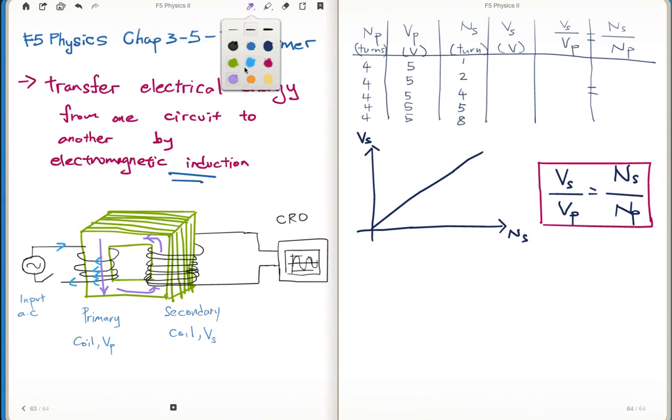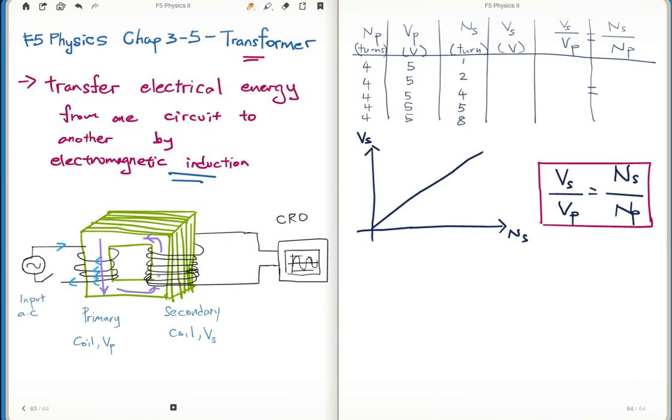Okay. Then what happened was the valence electrons in the copper wire in this coil will flow in a direction against this increasing magnetic field. So it will flow in the opposite direction.